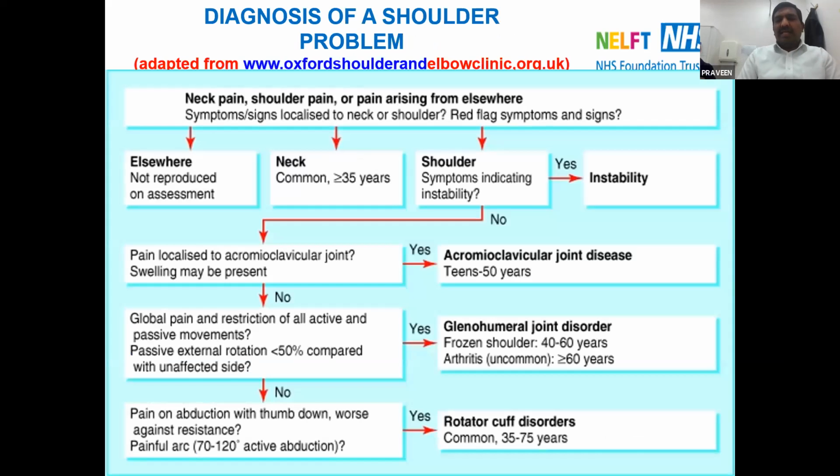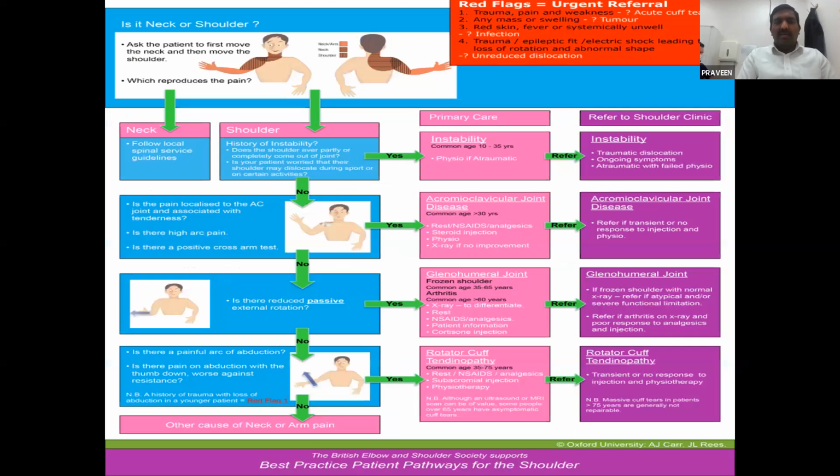This particular slide shows a flow chart. It's an adapted version taken from the Oxford Shoulder and Elbow Clinic. And this flow chart will help you diagnose a patient quickly as to where their symptoms are arising from and what it could indicate. This is quite an old slide, and this flow chart is a few years old, and there is a comprehensive one which is quite new, and I've included that in the slide.